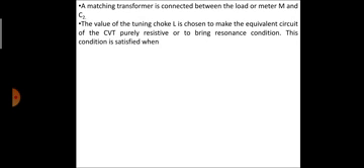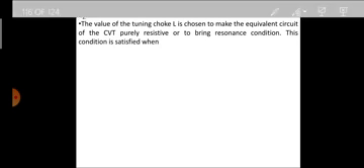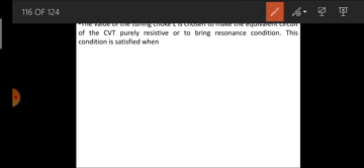A matching transformer is connected between the load or meter M and C2. The value of the tuning choke L, the inductor, is chosen to make the equivalent circuit of the CVT purely resistive, or to bring the resonance condition.